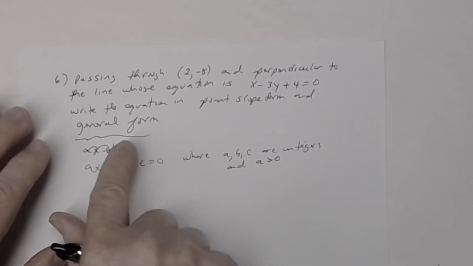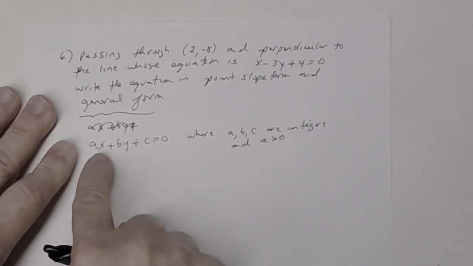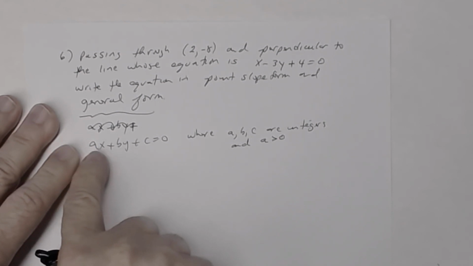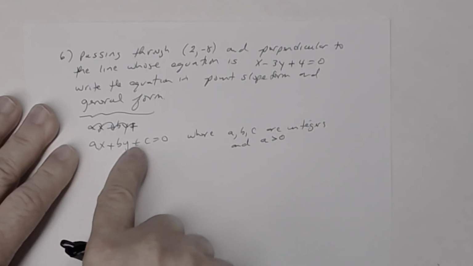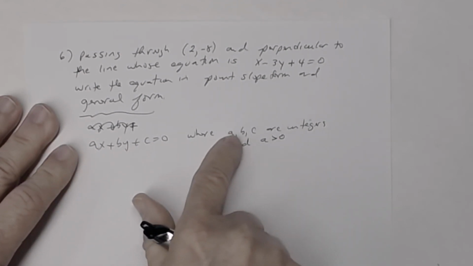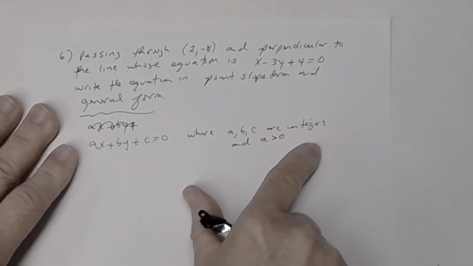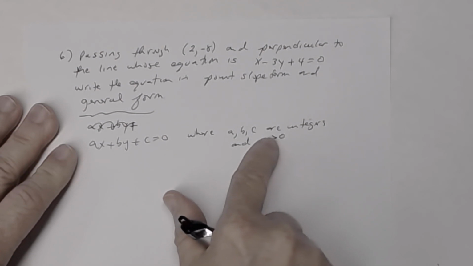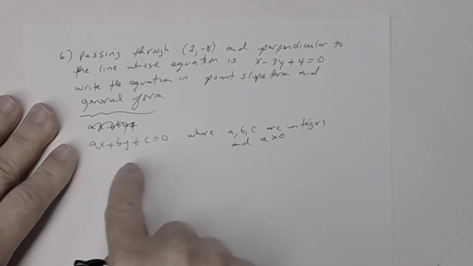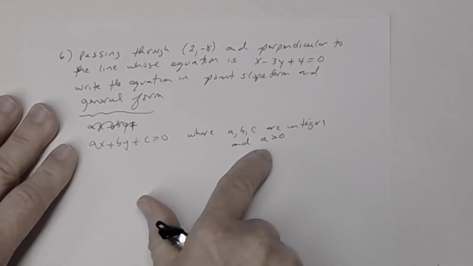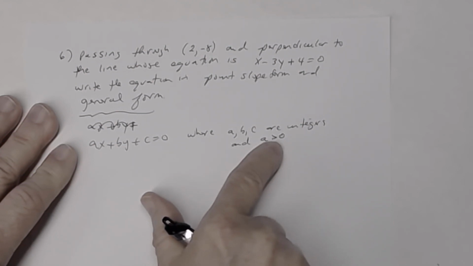Now, general form is this. General form is where it's written as ax plus by plus c equals 0, where a, b, and c are integers, meaning that you don't have any fractions, and you want a, the coefficient of x, to be positive. So that's what a greater than 0 means.